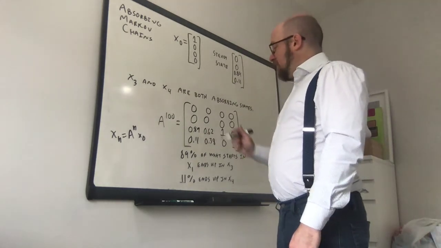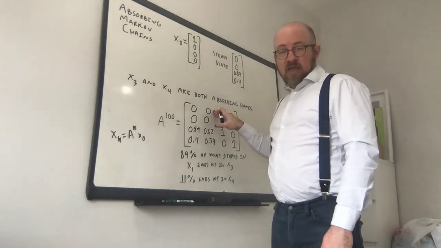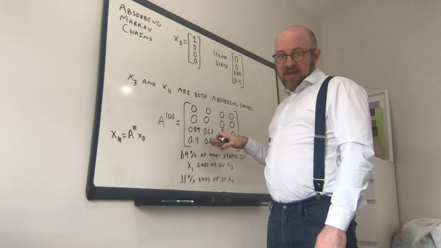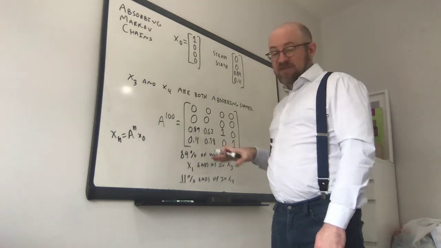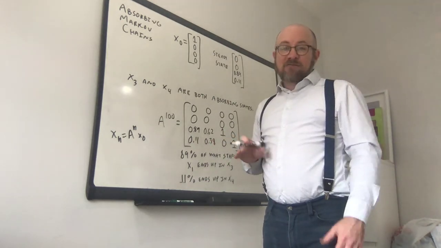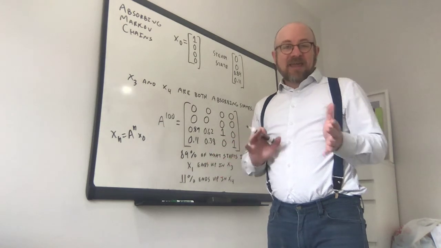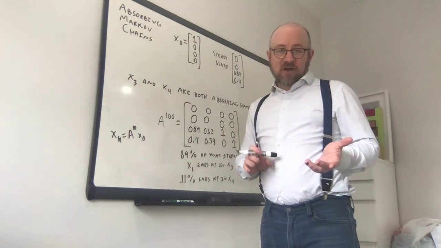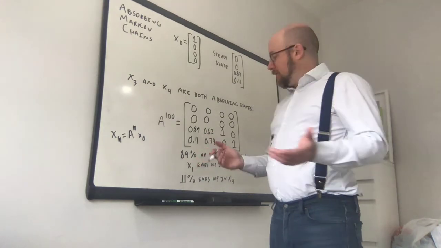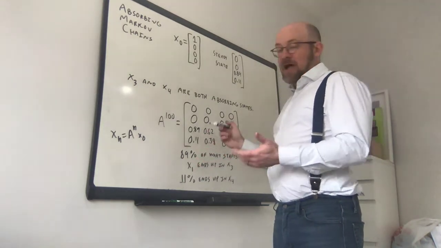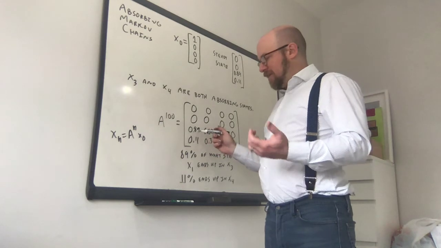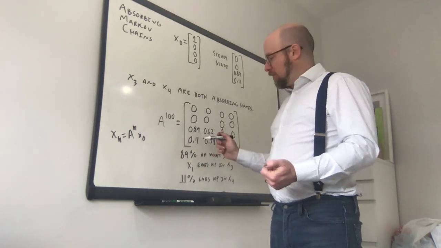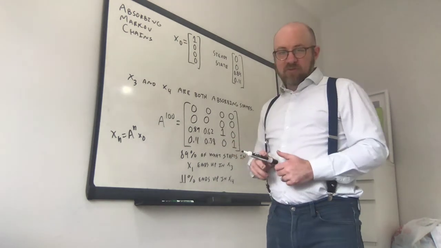If you started with everything in state 2, you would end up with 62% in state 3 and 38% in state 4. Now, if you started with some mix, it gets more complicated. If you started with 50% in x1 and 50% in x2, you'd have some combination of these: 0.5 times 0.89 plus 0.5 times 0.62, and 0.5 times 0.11 plus 0.5 times 0.38.